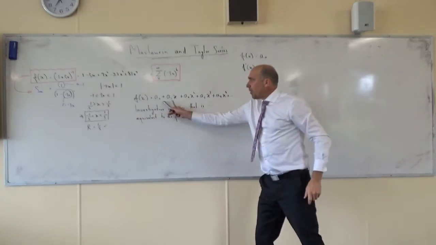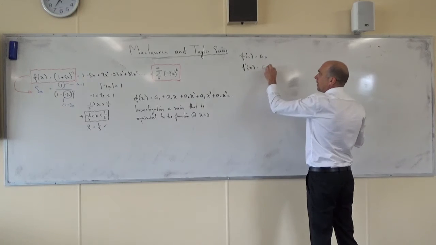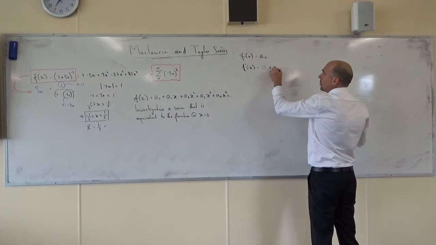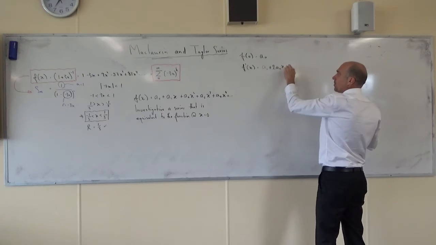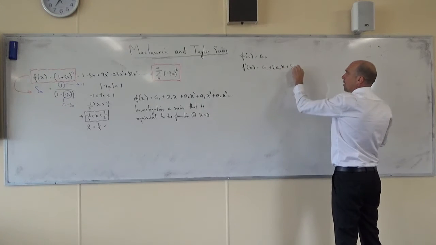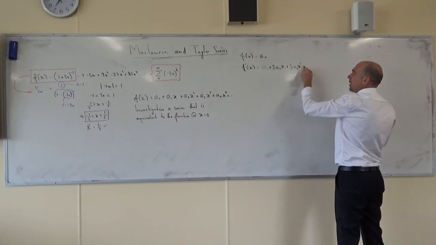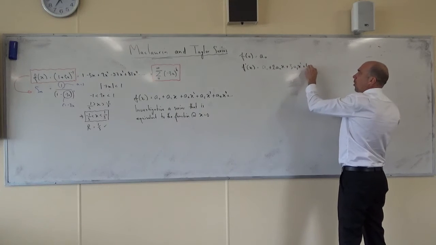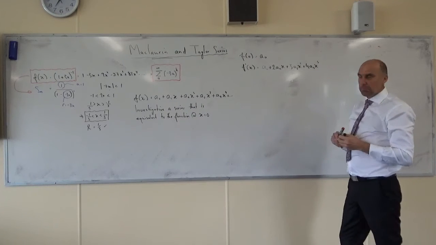If I was to find the derivative of that, what would I end up with? a1 plus 2 times a2 x plus 3 times a3 x squared plus 4 times a4 x cubed. Cool? Good.